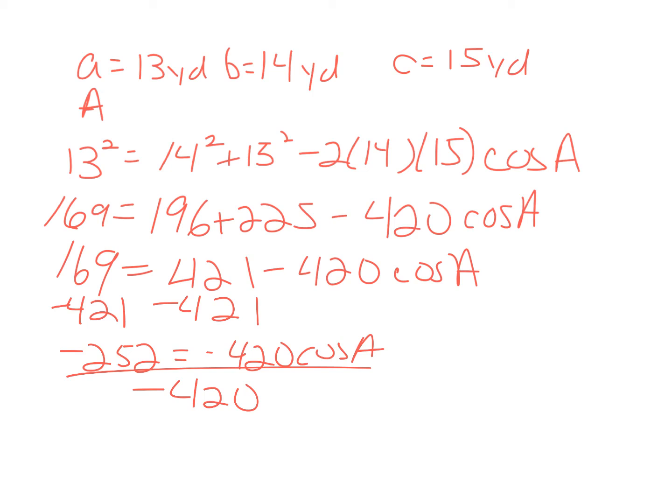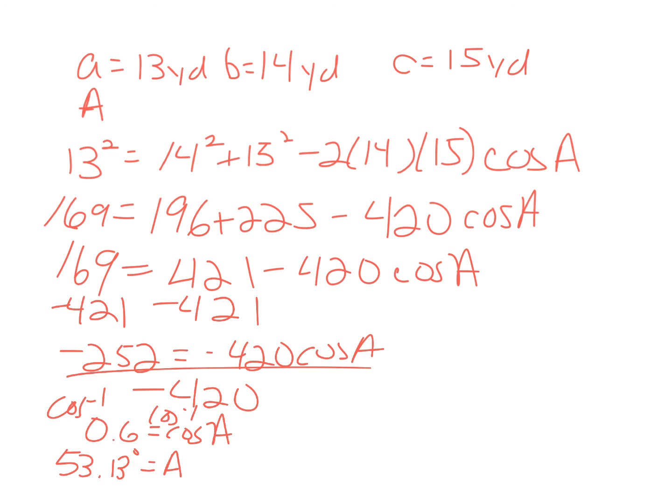I'm going to move over here just so I have more space later on. 0.6 equals cosine A. Once again, to get capital A by itself, inverse cosine both sides, and when we inverse cosine, yes, we get 53.13 degrees as your capital A.